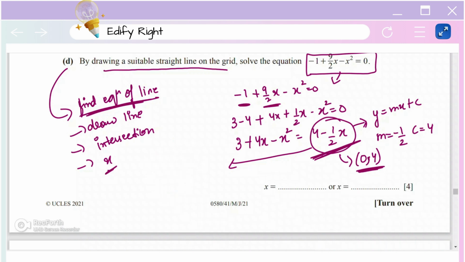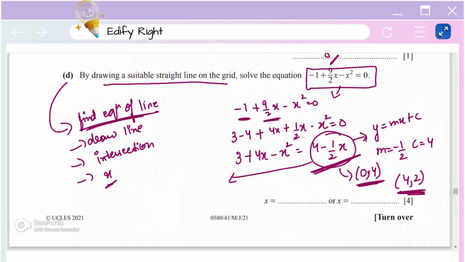Now let's assume that x is equal to 4. If x is equal to 4, then y is equal to 4 minus 1 by 2 times 4, which is equal to 2. So the other point is 4, 2. So these are the 2 points. So now since I got the 2 points, I can plot this graph and see where it intersects.